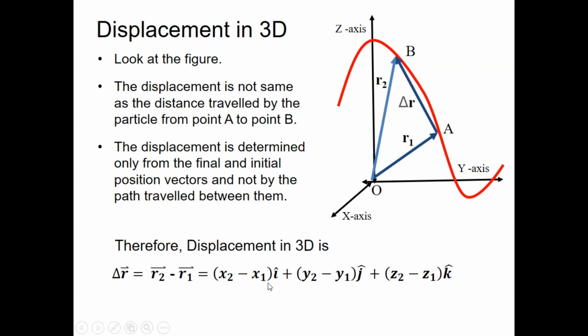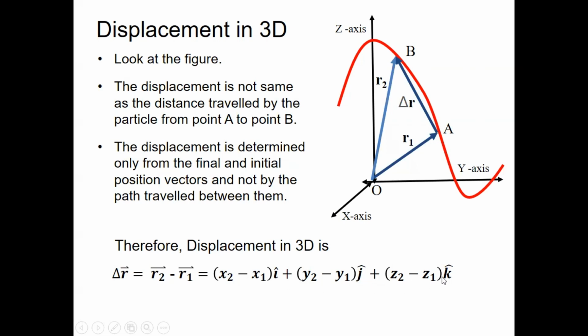So in terms of the scalar values along x, y and z, it is the difference of x values, difference of y values and the z values. Here, x2 minus x1 multiplied by the i unit vector along the x-axis, and y2 minus y1 multiplied by the j unit vector along the y direction, and z2 minus z1, the difference along the z direction, multiplied by the k unit vector.